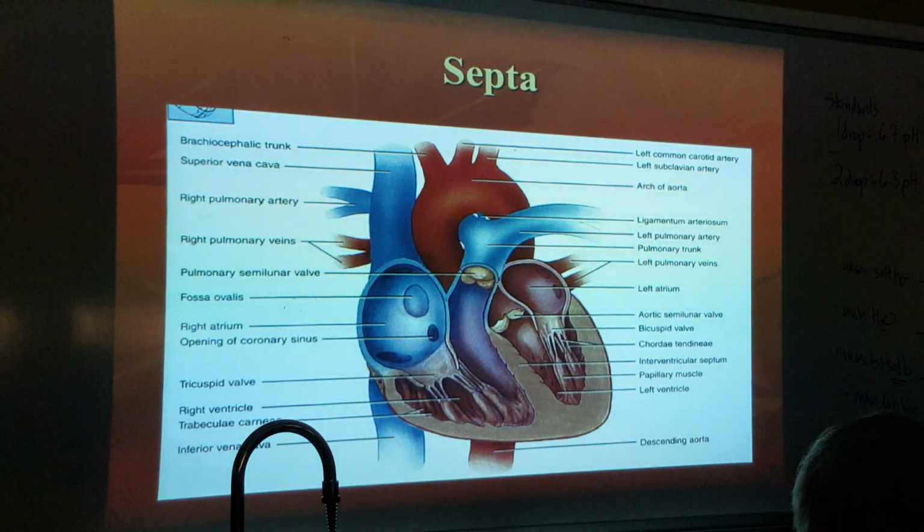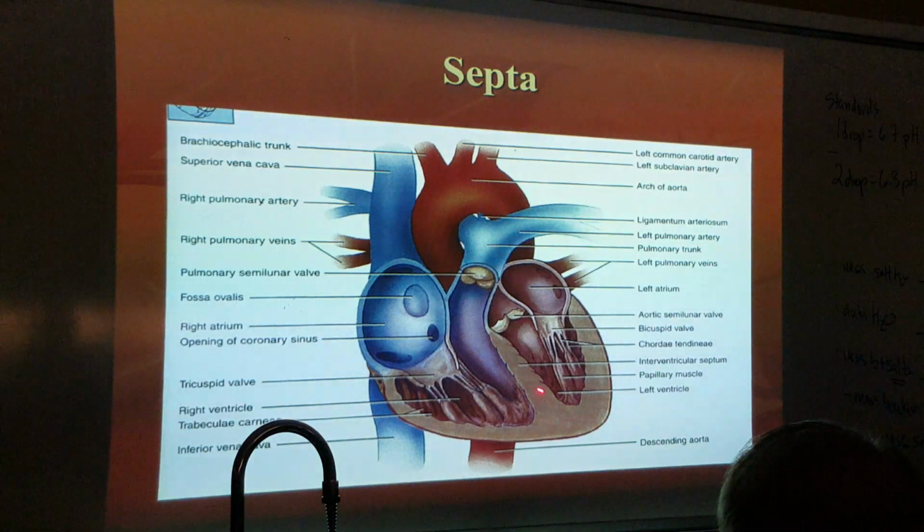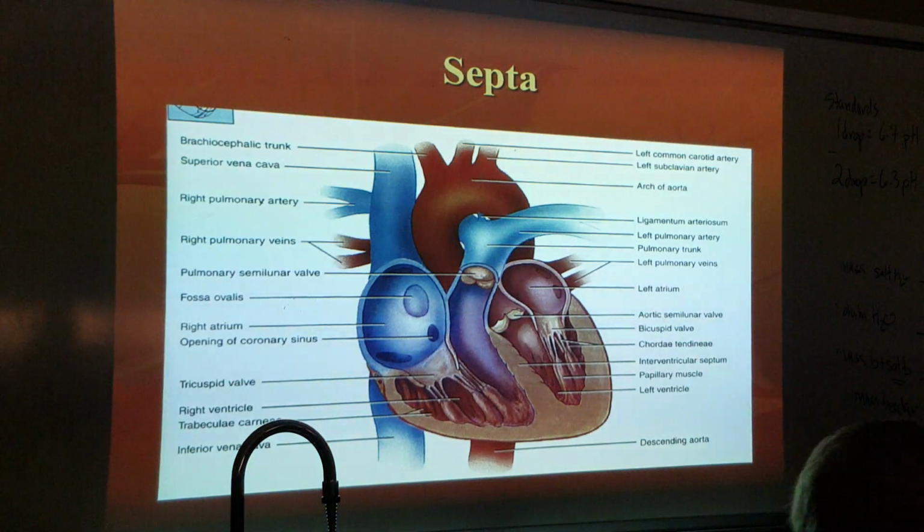Okay. A septum is a wall between two chambers, and we have a very profound septum here, the interventricular septum. Everybody always mentions the interatrial septum, but it's almost impossible to see on a picture or a model. And I'm not going to ask you about the interatrial septum. It's hard to even find it on a real heart.